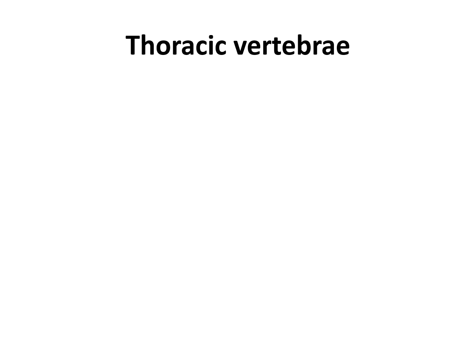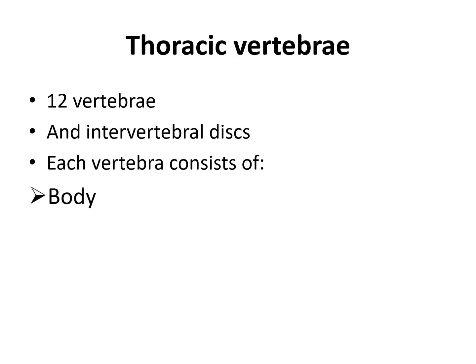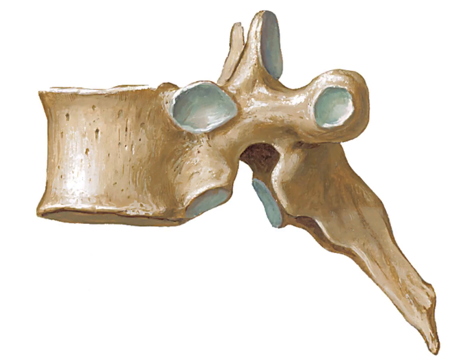The third part of the thoracic wall is the thoracic vertebrae, and there are 12 vertebrae, and between each vertebra and the other we have an intervertebral disc. In general, each vertebra consists of a body and a neural arch, which consists of a lamina, pedicle, spinous process, and transverse process.